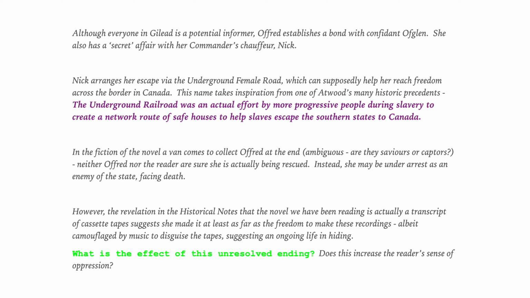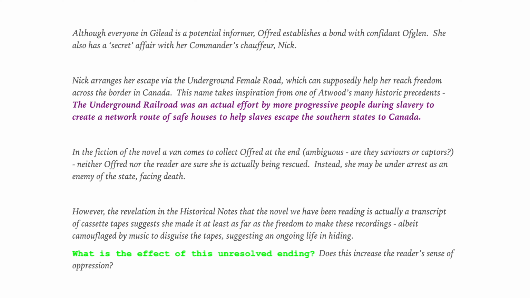The name actually takes inspiration from the Underground Railroad, which was an actual real thing, an effort by more progressive people during slavery to create a network route of safe houses to help slaves escape the southern states up through and across the border into Canada.